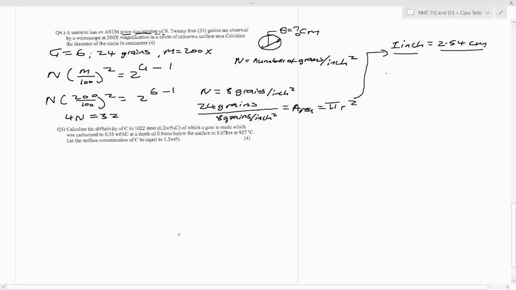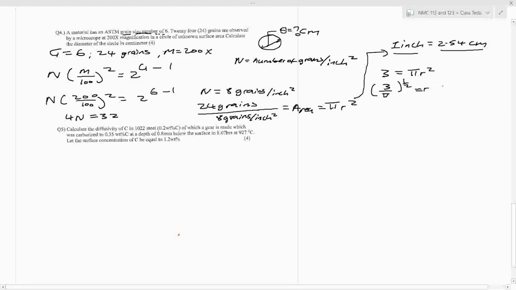So according to that equation, 24 divided by 8 is 3. So we have 3 equals pi r squared. So 3 over pi to the power of a half is equal to our R value.